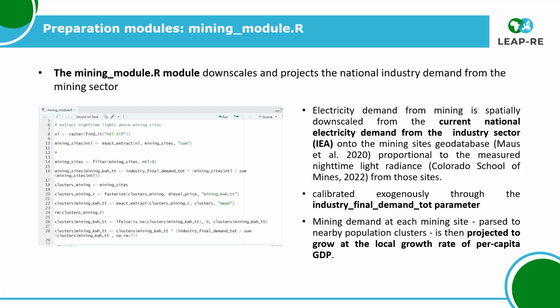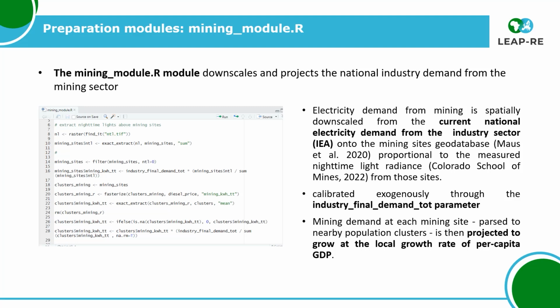Moving on to the heavy industry sector, we have a representation of the mining demand. So basically we take the national reported demand from the industry sector and we spatially downscale it using the mining database from C2.2 2020, proportional to the measured nighttime light radiance from the Colorado School of Mines from those sites.